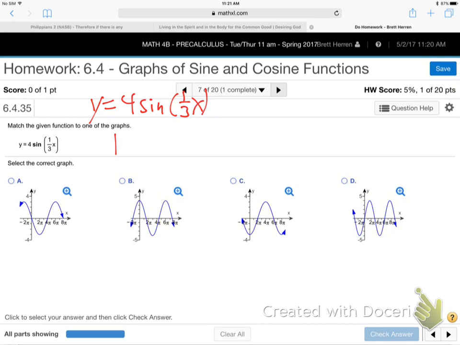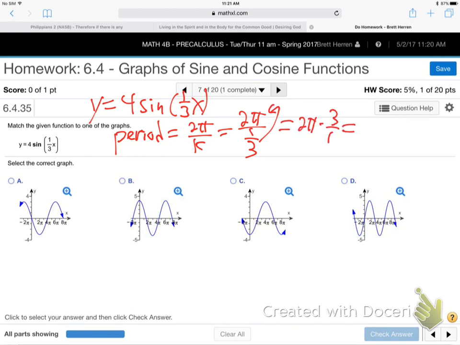So period will be 2 pi over k. So 2 pi over the 1/3, and then that 1/3 flips up, times 3 over 1, 6 pi. So the period is 6 pi, so that means from 0 to 6 pi, it'll do one cycle.